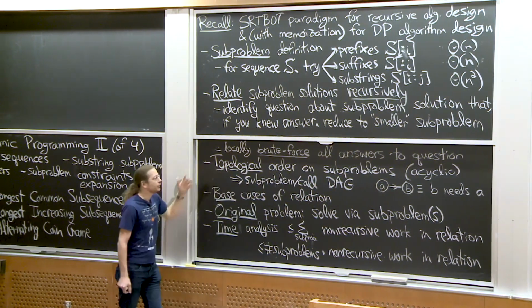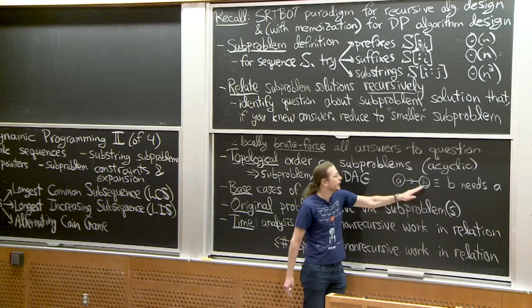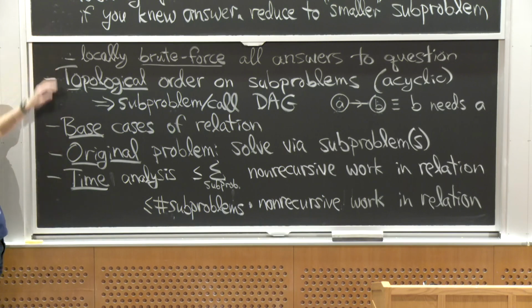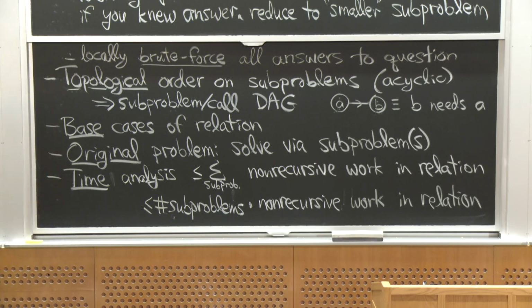So then in topological order, by the time I try to compute B, I will have already computed A. And of course, the relation also needs base cases. And then sometimes the original problem we want to solve is just one of those subproblems. Sometimes we need to combine multiple. We'll see that today. So that's review of this framework.